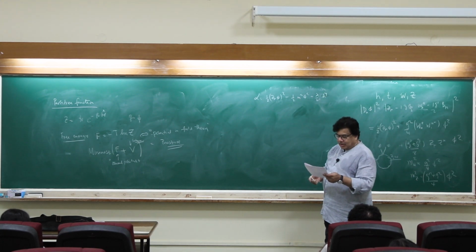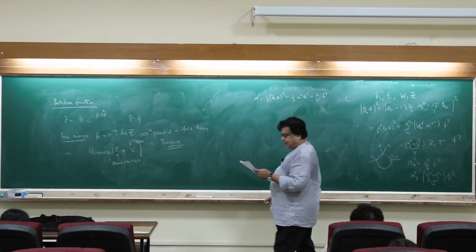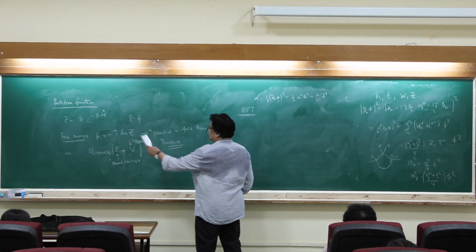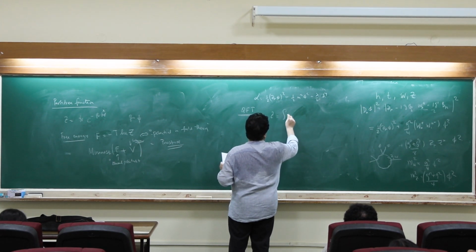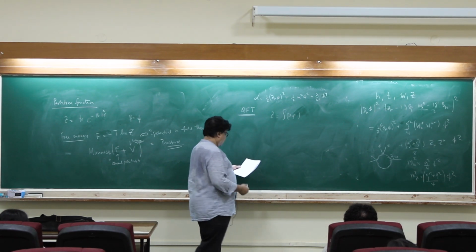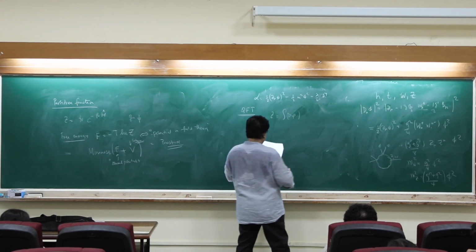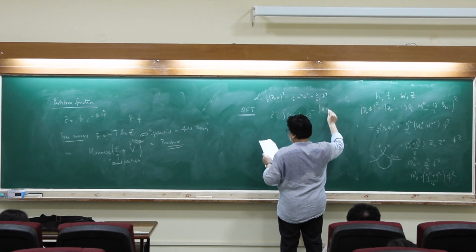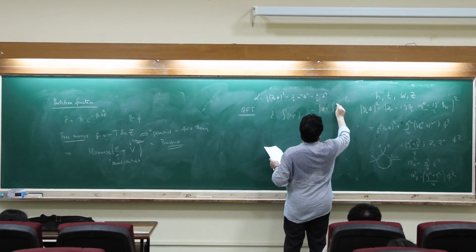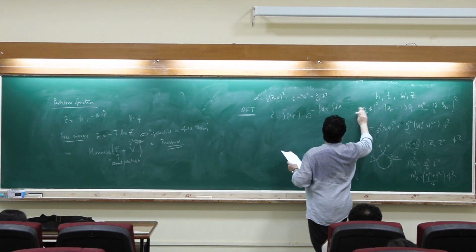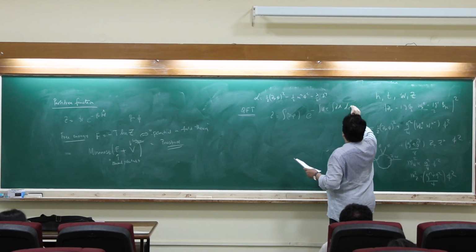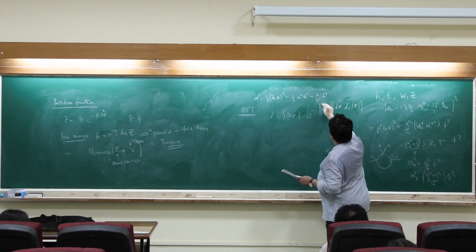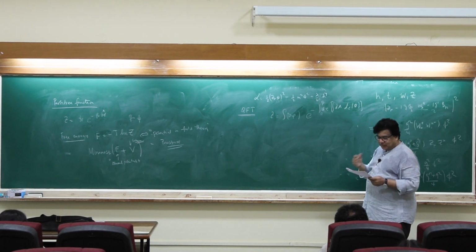What I want to do here, in QFT, is write Z as the integral of d phi of the fluctuation, of e to the power minus the integral of d tau d4x L Euclidean of phi, with tau from 0 to beta. Let me explain what I am doing here.